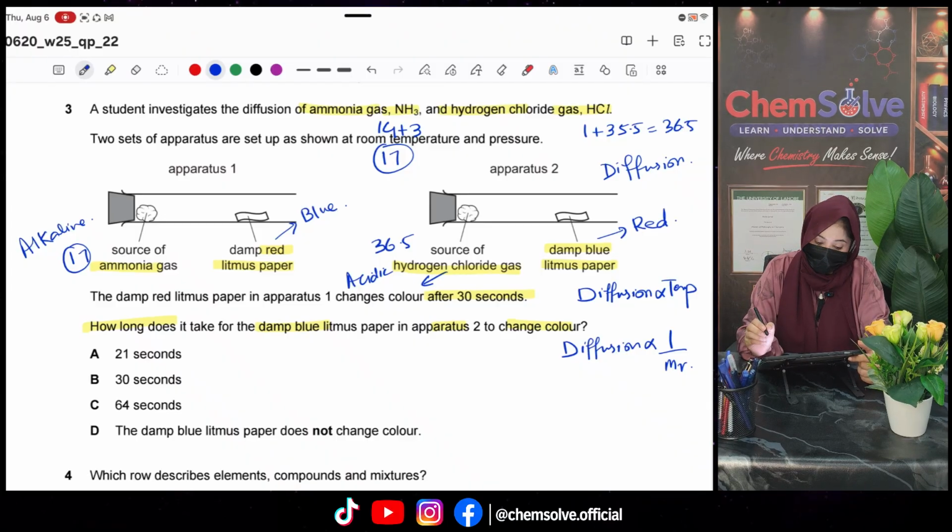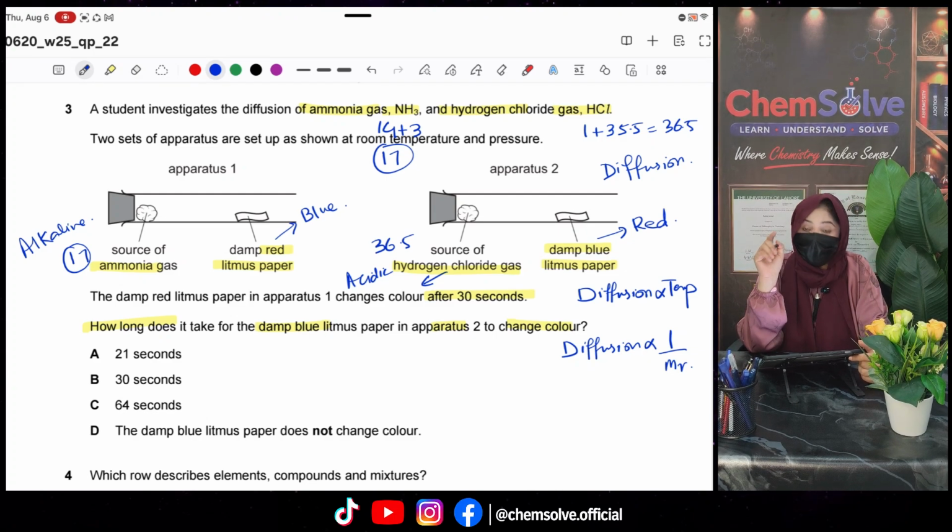Okay, so the damp red litmus paper in apparatus 1 changes color after 30 seconds. So ammonia is a lighter gas. That's why its rate of diffusion would be faster. It will diffuse faster. Why? Because its molar mass is smaller. While HCl has a molar mass more than ammonia, almost double, 36.5. So it will diffuse slowly.